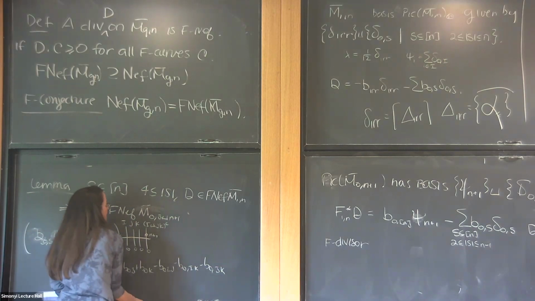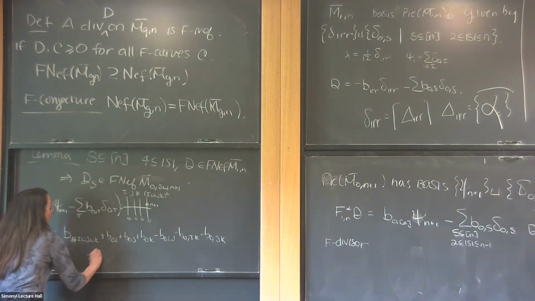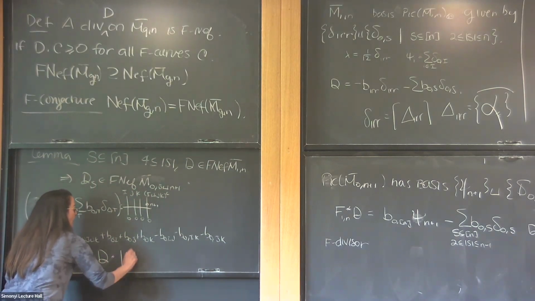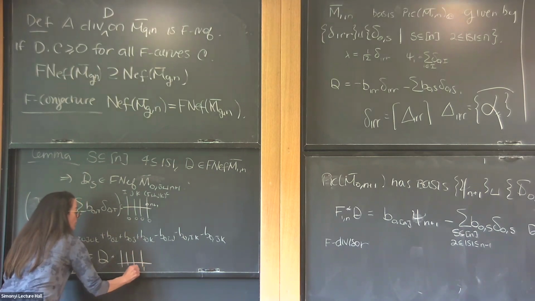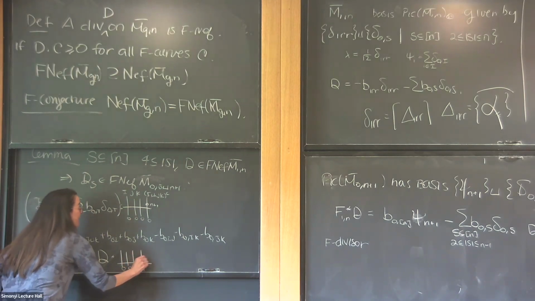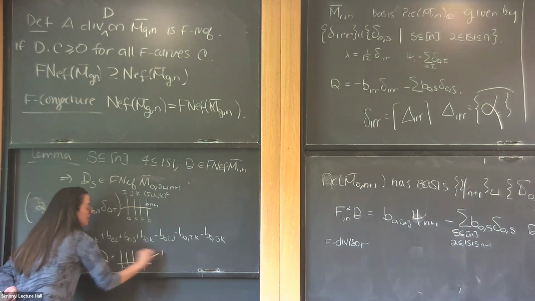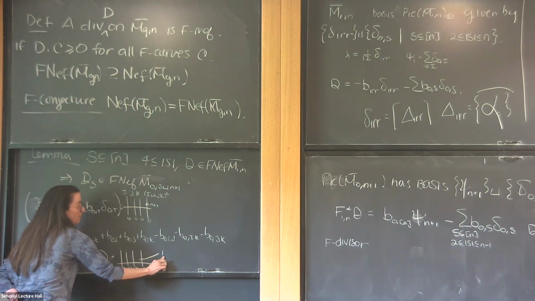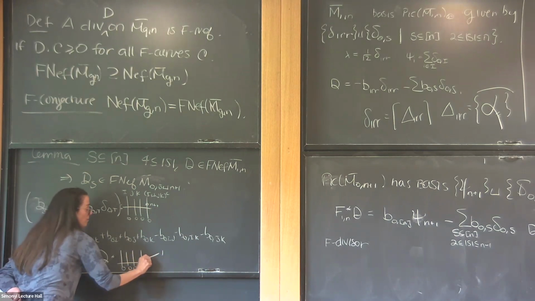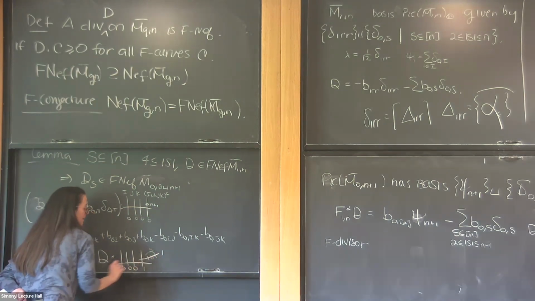But this is just the intersection of D with the F curve we got by taking that N plus first point, attaching a genus 1 curve with the complement of S here.